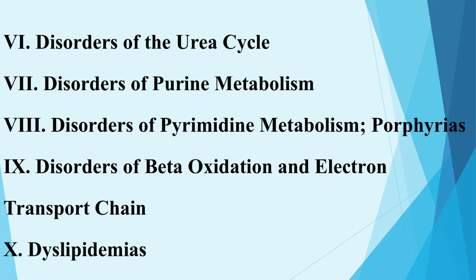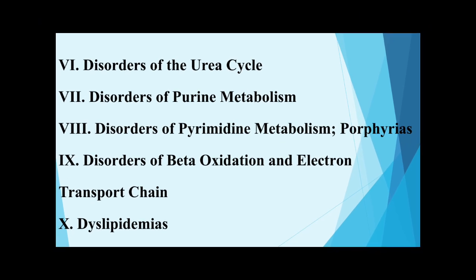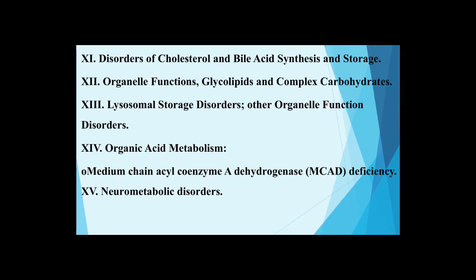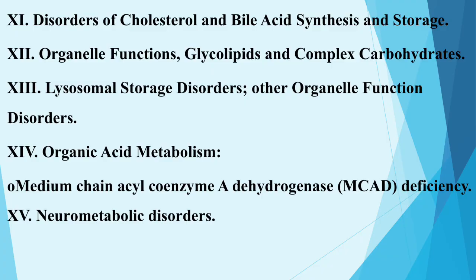Disorders of beta oxidation and electron transport chain, these lipidemias, disorders of cholesterol and bile acid synthesis and storage, organelle functions, glycolipids and complex carbohydrates, lysosomal storage disorders and other organelle function disorders.